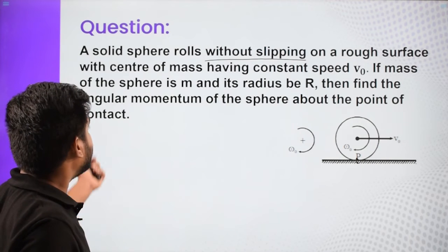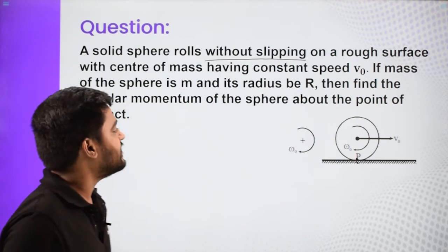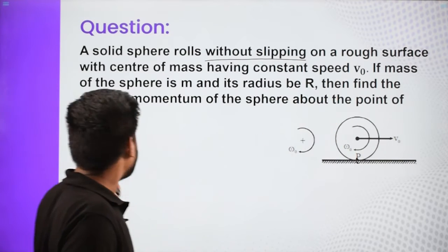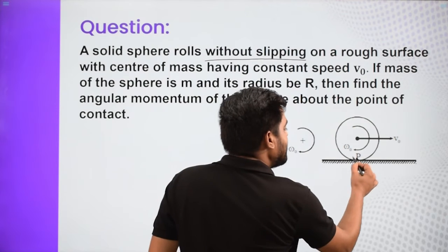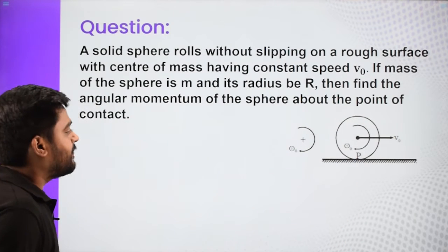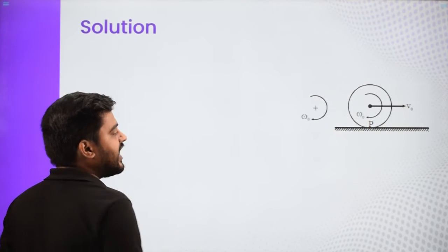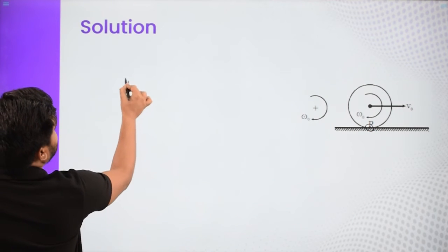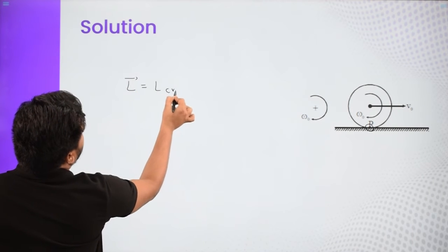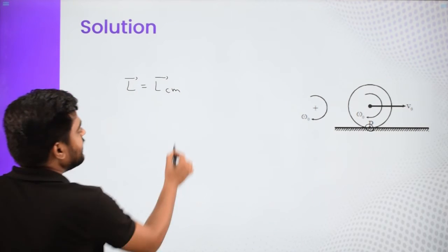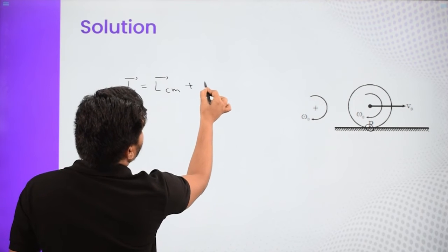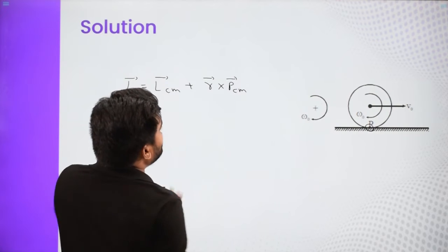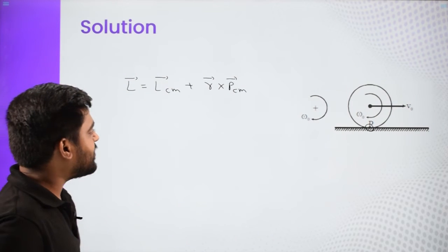The sphere has mass m and radius r. We need to find the angular momentum of the sphere about the point of contact. So we need to get the angular momentum about this particular point. Angular momentum is written as angular momentum of center of mass plus r cross p, the linear momentum of center of mass.